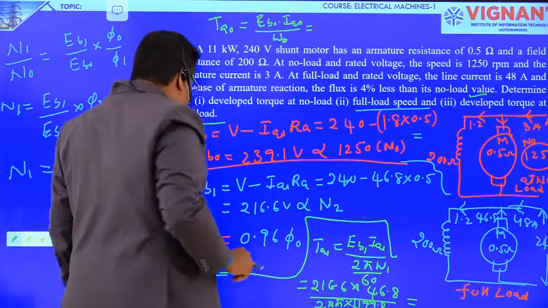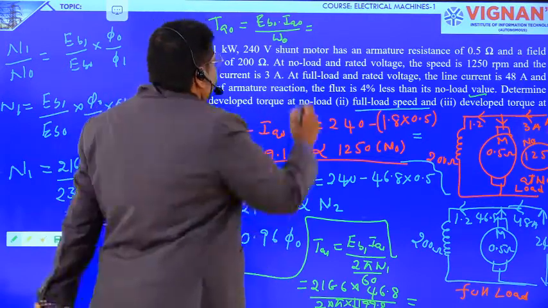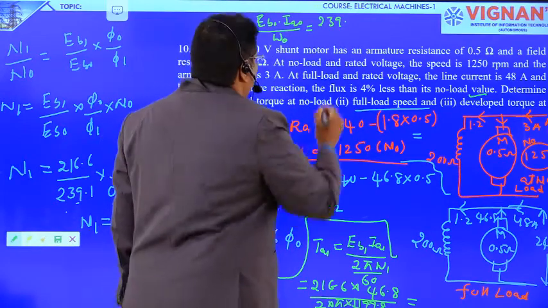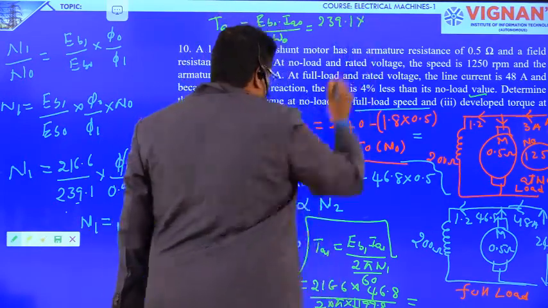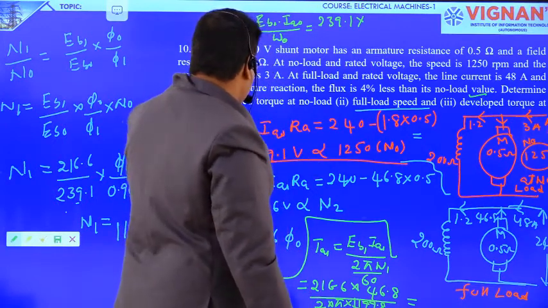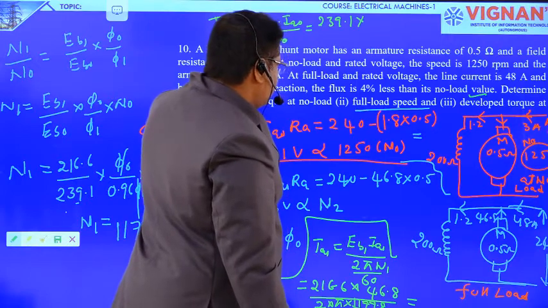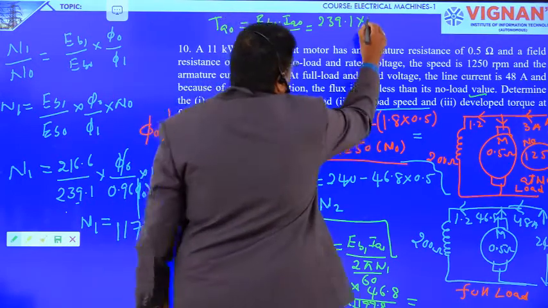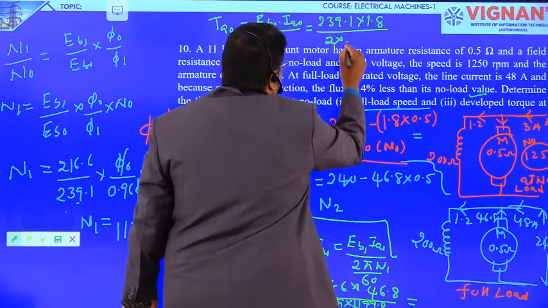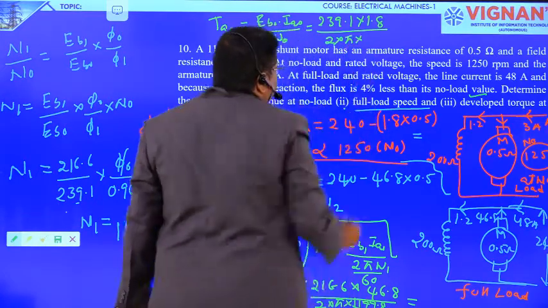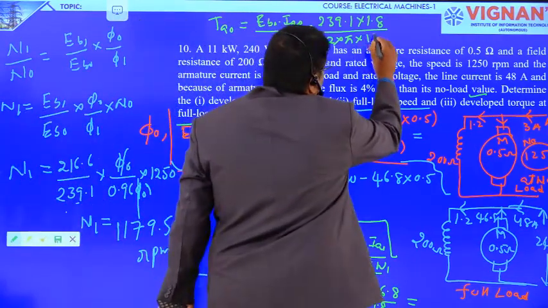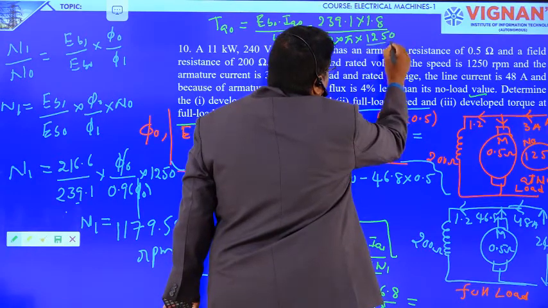EB naught becomes 239.1, into IA naught, which we already calculated as 1.8, divided by 2 into pi into the no load speed, 1250 divided by 60.